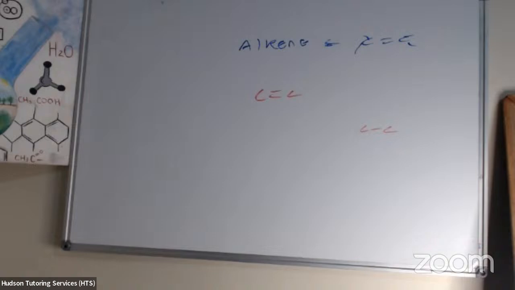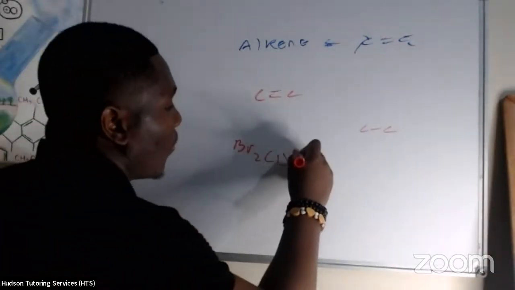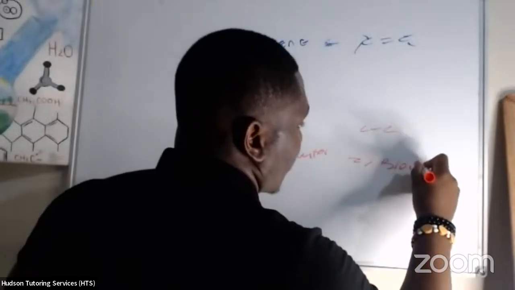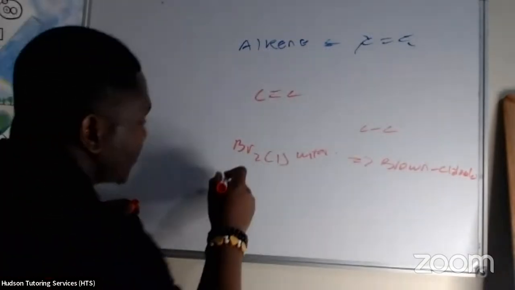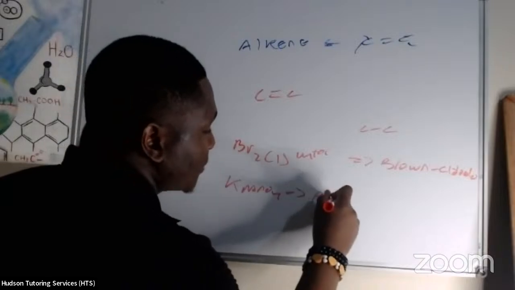So of course, you can use bromine water, and what is going to take place is it will move from brown to colorless. If you use potassium permanganate, KMnO4, it's going to move from purple to colorless.